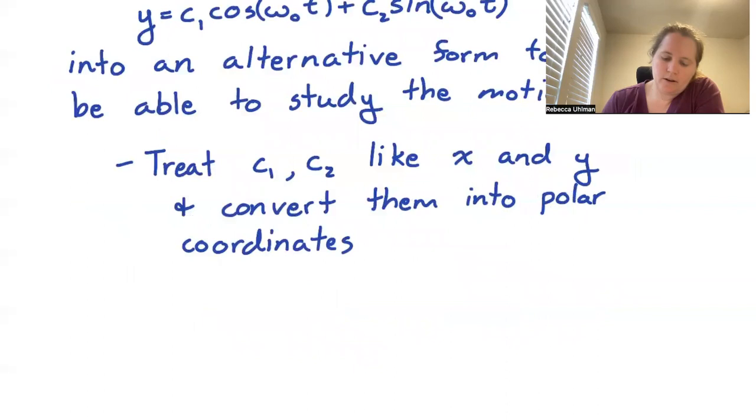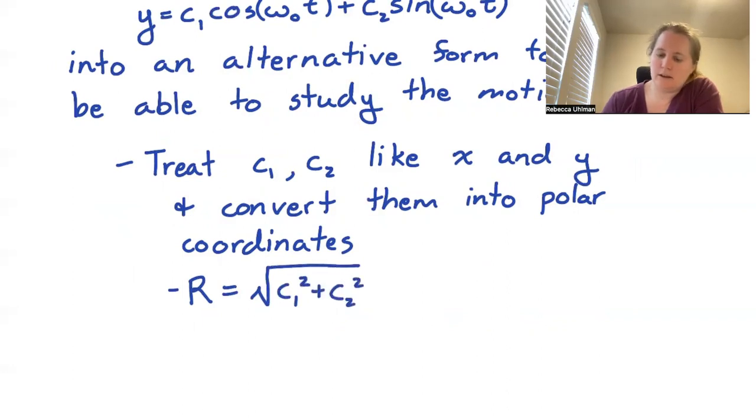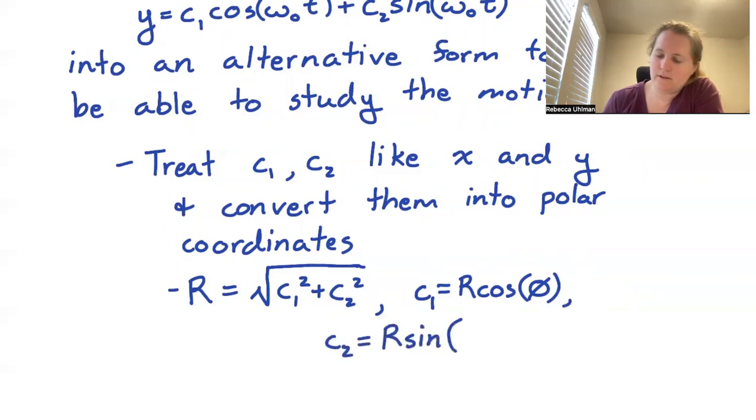So we'll take r, capital R, to be the square root of C1 squared plus C2 squared. And then we'll have C1 is r cosine of phi, and C2 is r sine of phi.